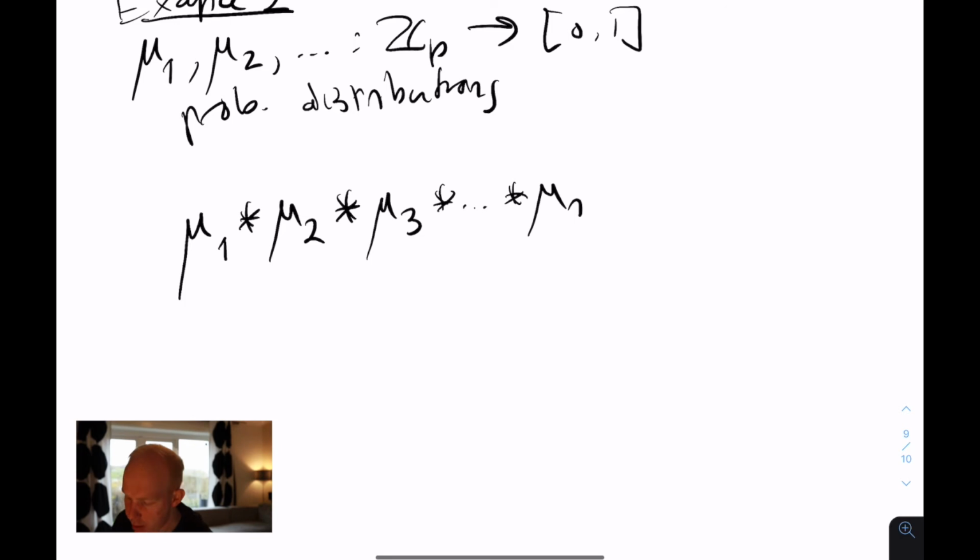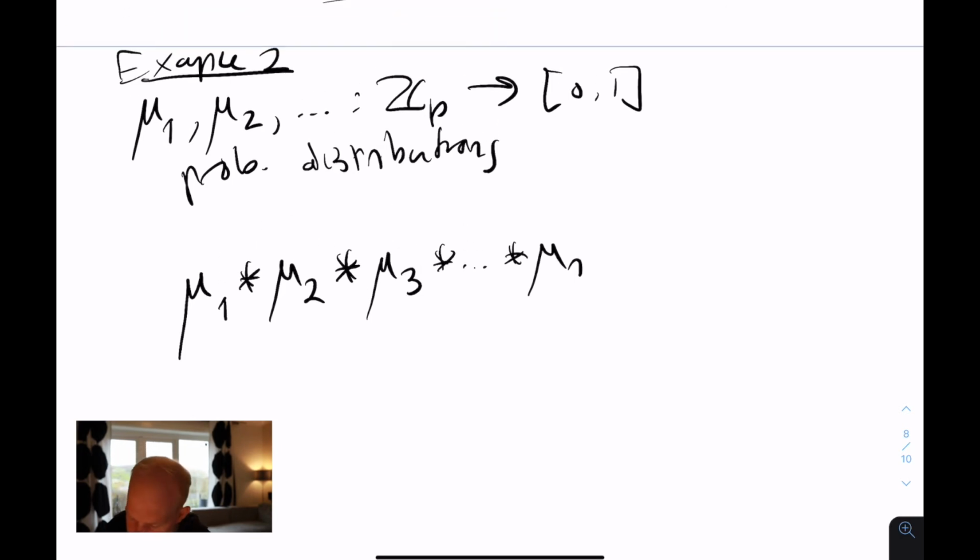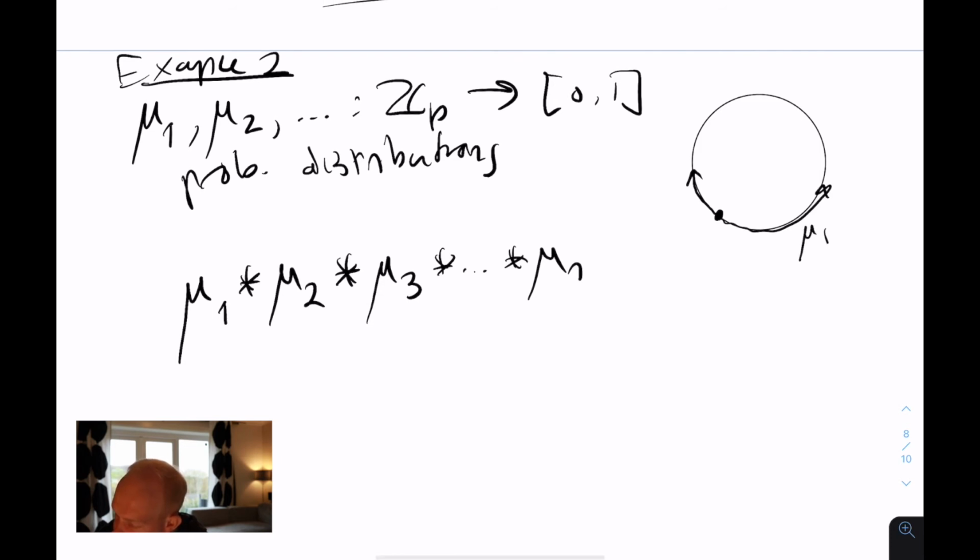What this would correspond to as a random walk question is a situation where at every stage, let's say we start from the first point, and at the first step of the random walk we go somewhere with different probabilities, chosen with probability mu1.